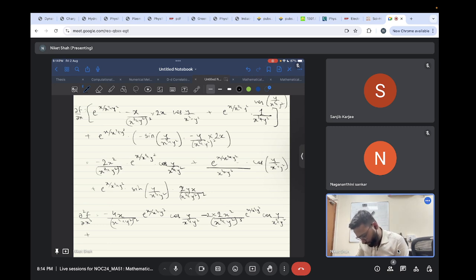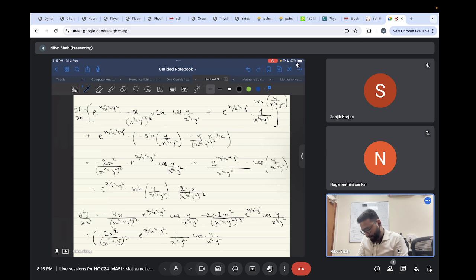Now the exponential term will differentiate, which is minus 2x square on x square plus y square, the whole square, into e raised to power x divided by x square plus y square into 1 by x square plus y square, cos y divided by x square plus y square. Okay, so the second term is all differentiated.